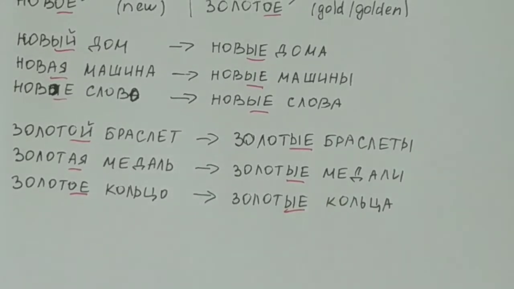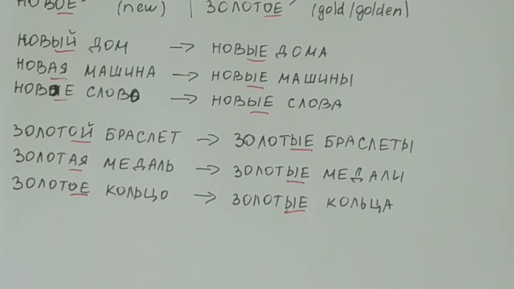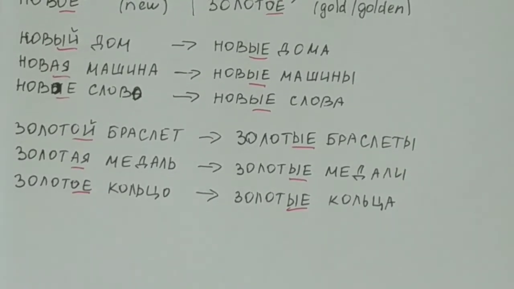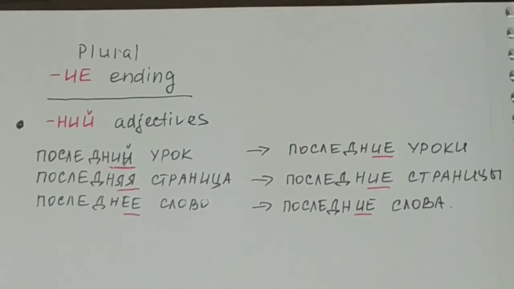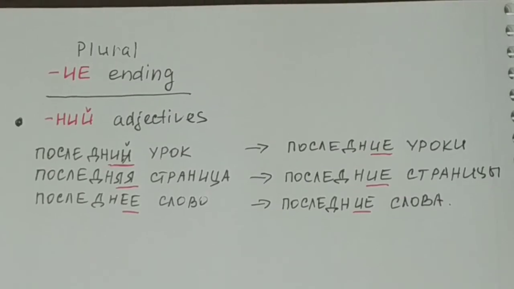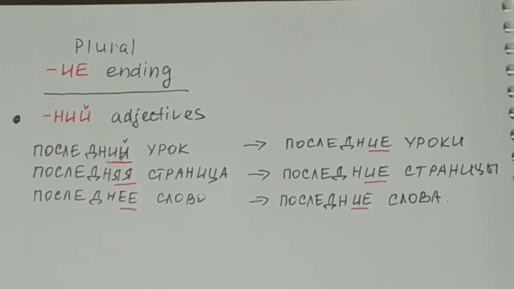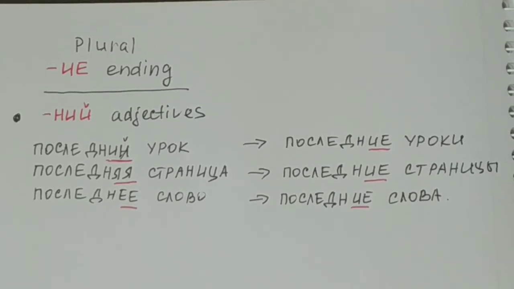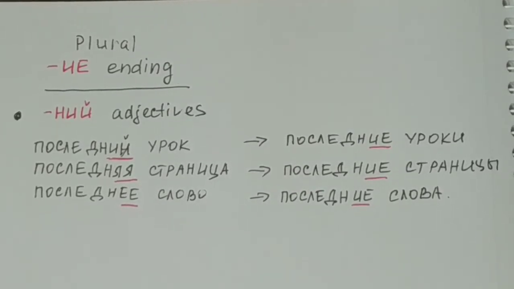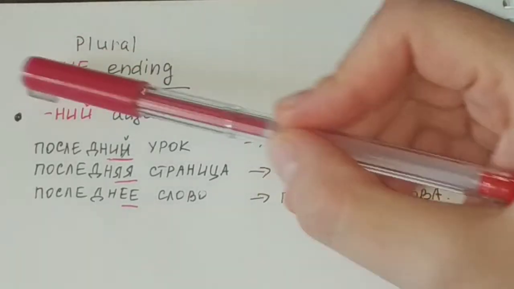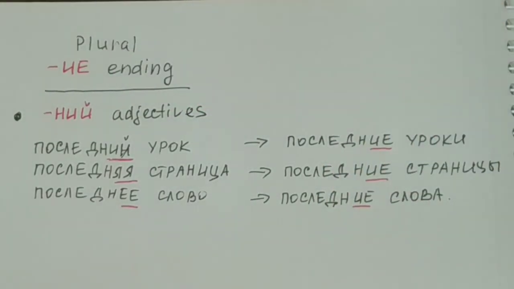So now let us go over to the second part of this rule, which is the nouns that make their plural form by changing their ending into ие. So for the second group of adjectives that form their plural form by adding the ending ие, to that group belong adjectives that make their plural form by changing the ending into ие.